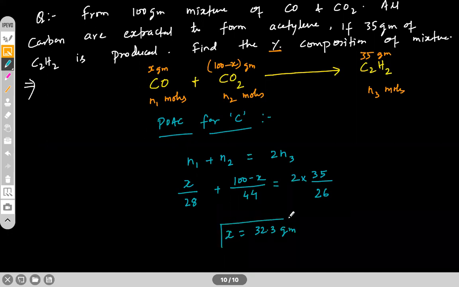Out of 100, we have 32.3 gram of CO. So the mass of CO2 will be 67.69 gram approximately. So percentage composition is this only.